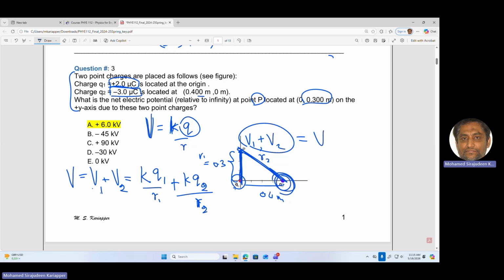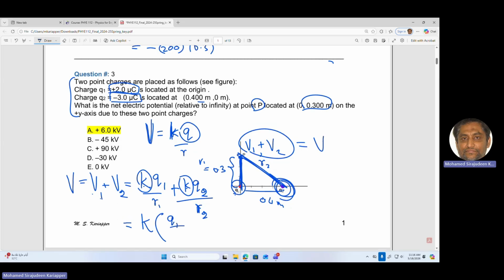Let's substitute. But to make the calculation faster, I find this k is in both places. You know about common factor. So I'm going to take it out.